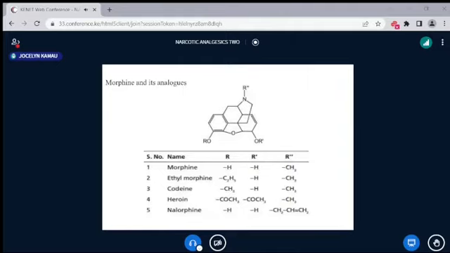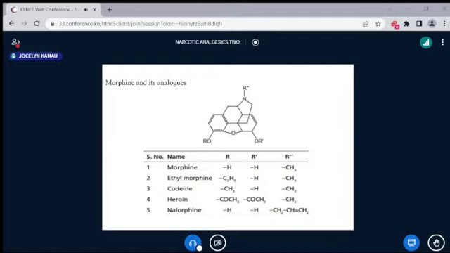Now we are looking at all the structures which we have discussed. That is morphine, our general structure. You can have one group there, a different group there, and a different group there. For morphine, that is a hydrogen, that's a hydrogen, that's a methyl.